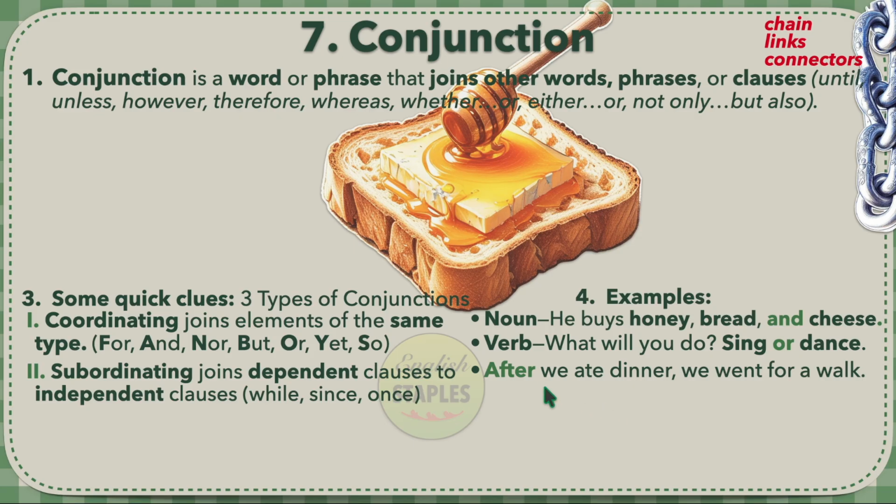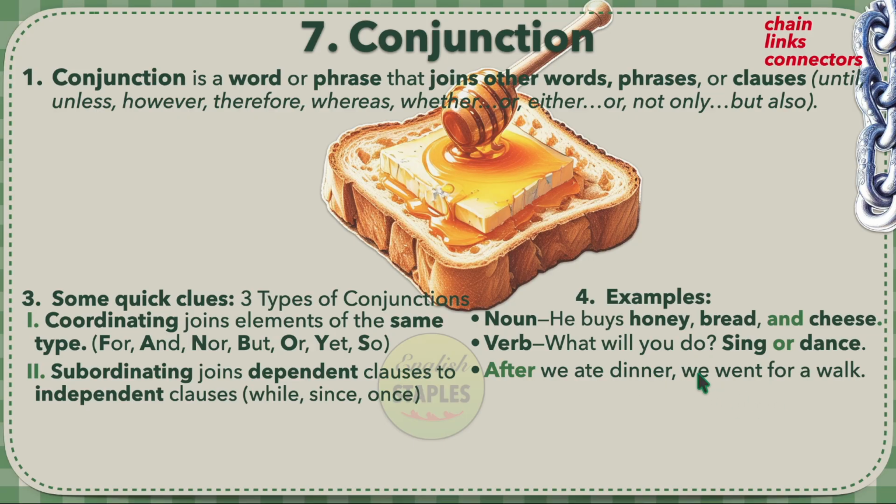When we look at this, we have two clauses here. One clause here and one clause here. A clause has a subject plus a verb, and whatever comes after the verb, we call it a predicate. So we have a subject plus a predicate. The same thing in this clause.